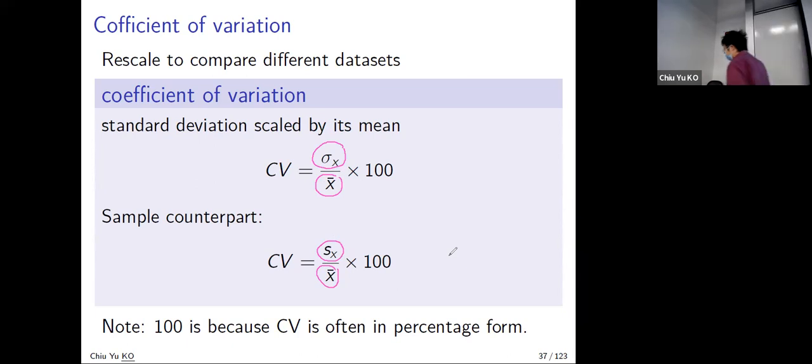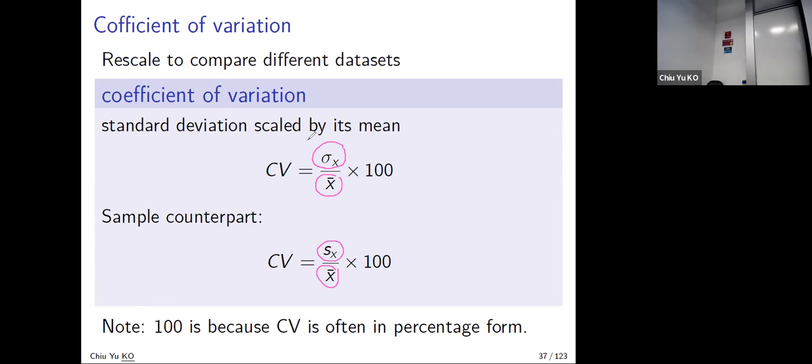One of the reasons why you want this is because you want your data to be without unit, right? Because this is in terms of cm, then you divide by cm, there's no cm, okay? It's useful when you try to compare two different data sets, right? Suppose one data set is measured in centimeters, the other in kilometers, you can still compare, right? Or sometimes you want to look at whether the variability of the height and the weight are similar, right? It's not easy to compare height directly, right?